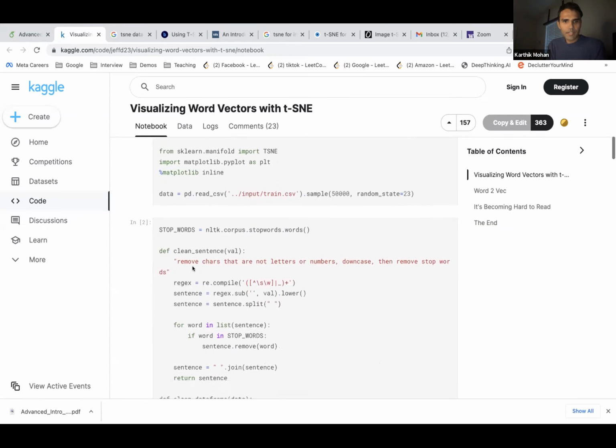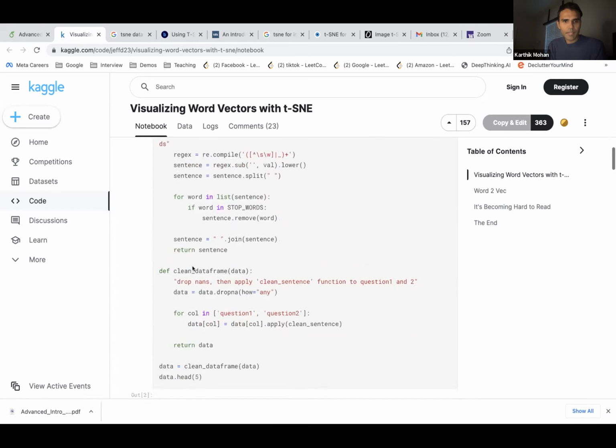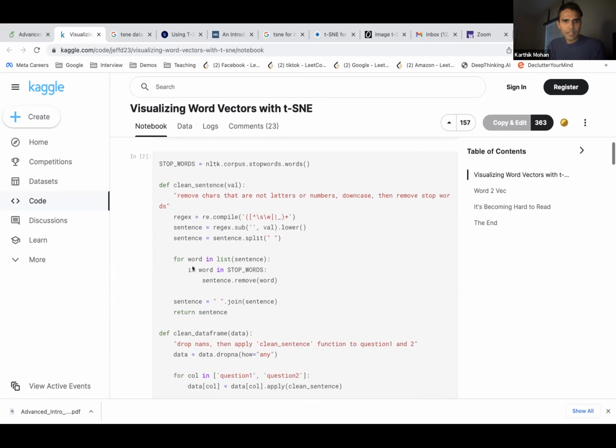Okay, so we load some data. And then there is cleaning the data, cleaning the sentences, stop words removal. I think you might have done this for the spam classification assignment, but there are some stop words that are not really useful to visualize in this data set. Like, I don't want to visualize the, a, and, those are not really useful words. So let's remove those.